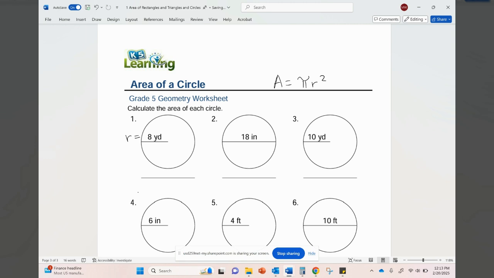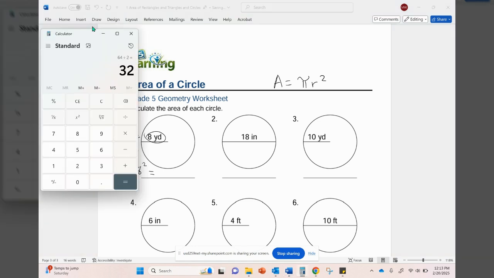So we have pi, which is 3.14, and then r, which is 8, tells us right there. So times 8. And then we have to put our little square on here because it's pi r squared. Now, if you don't know how to do that in your calculator, please ask. If you'd rather do it the long way, that means 8 times 8. I'm going to have to do it the long way because I don't have a special calculator on here.